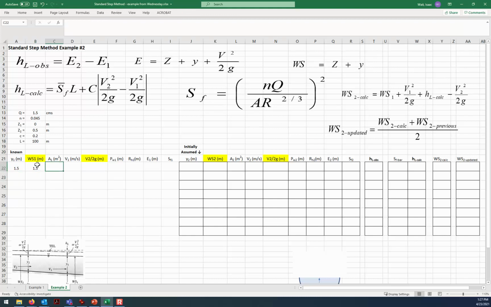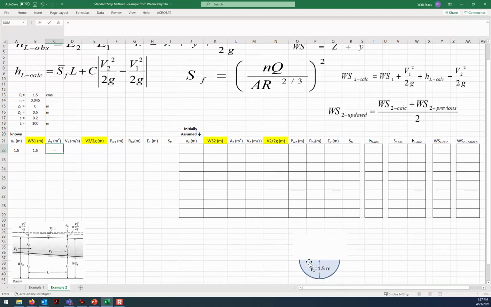Okay, area of a half circle. 1.5 is the radius of this circle, right? If that's the depth, you notice it's from the center of the half circle down to the edge, so R is 1.5. I usually think about areas in terms of diameter, not radius.